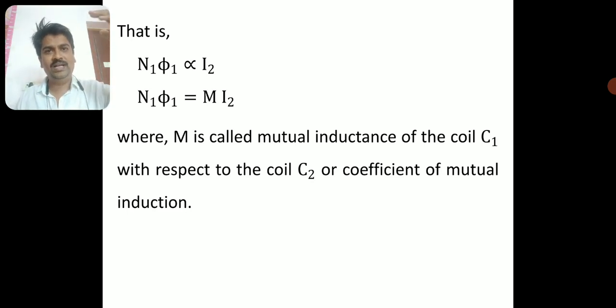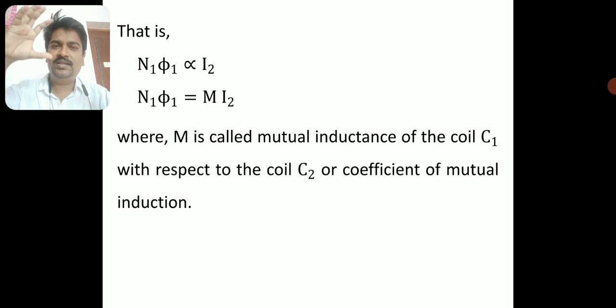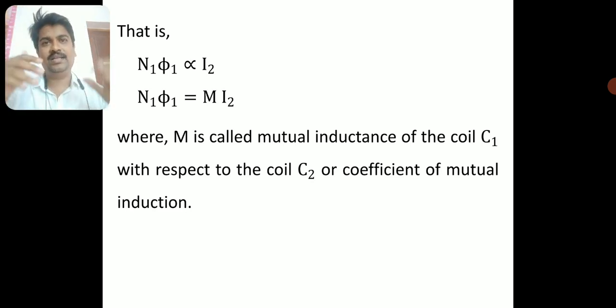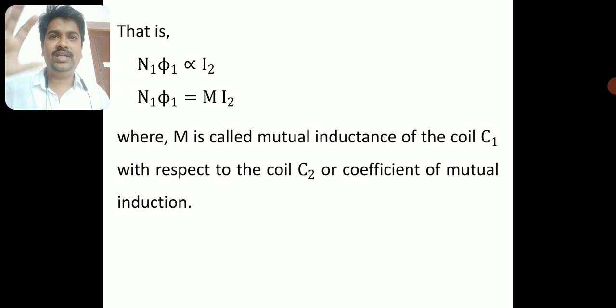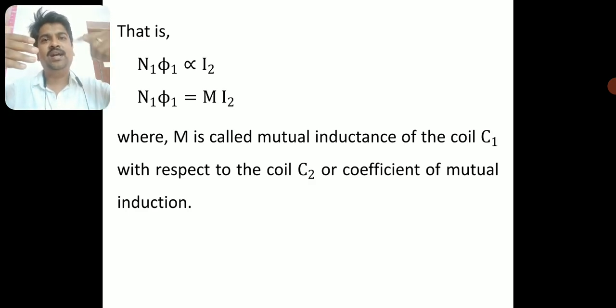If current in coil C2 decreases, flux linked with the coil C1 will decrease. So the flux linked to the coil C1 is directly proportional to the current flowing in the other coil C2.